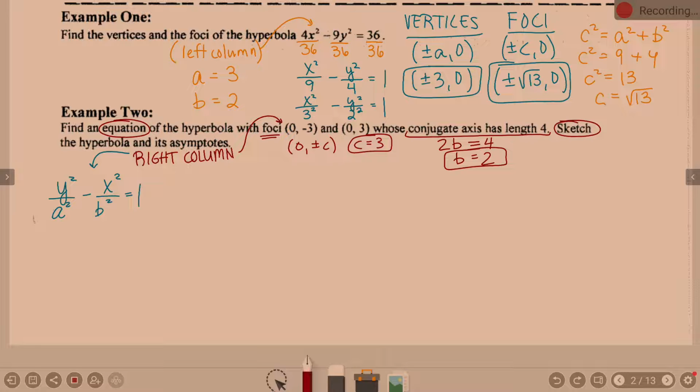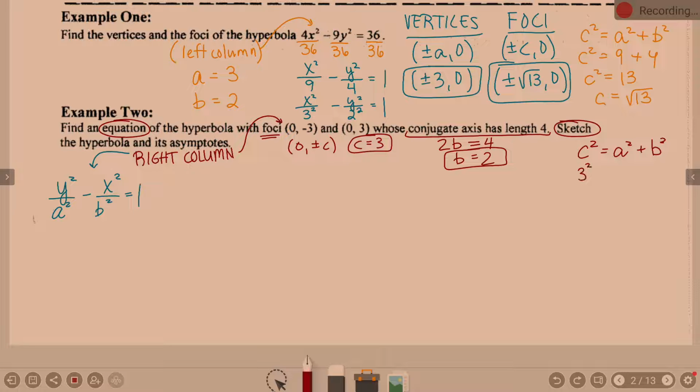And what do I need before I can write my equation? I've got b and c, but I really need to find a. How are we going to find a? Yeah, Pythagorean relationship. Check that Pythagorean relationship and remember that it is c squared equals a squared plus b squared today.